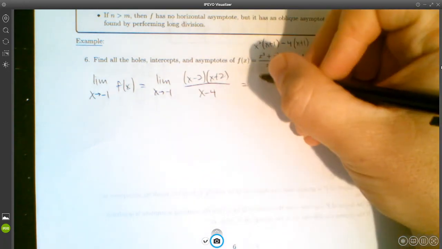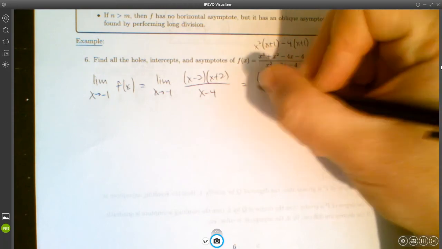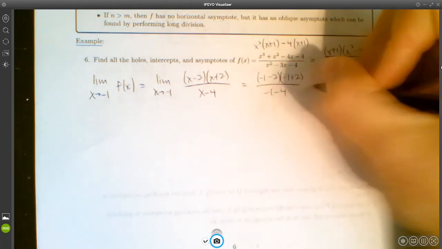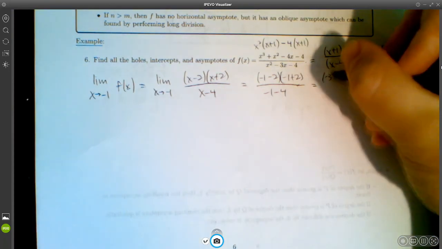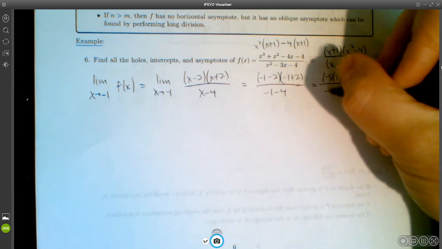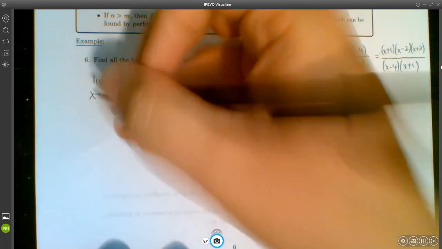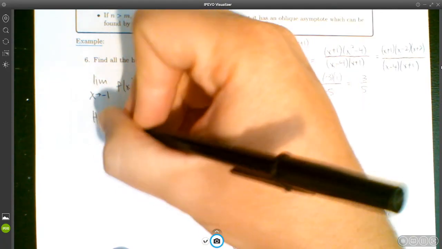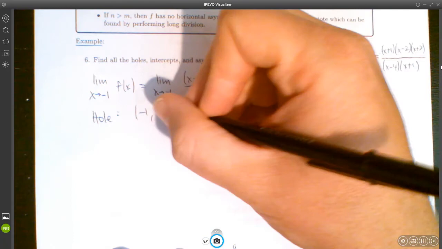Well, that's just going to be negative 1 minus 2 times negative 1 plus 2 divided by negative 1 minus 4. That's negative 3 times 1 over negative 5. That's 3/5. Okay, so I know now, I've got a hole at negative 1, 3/5.